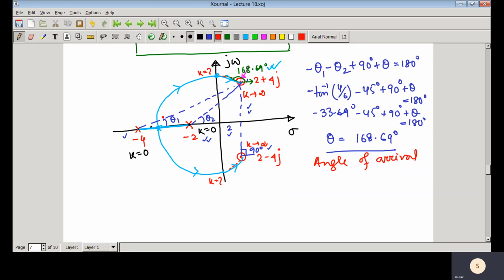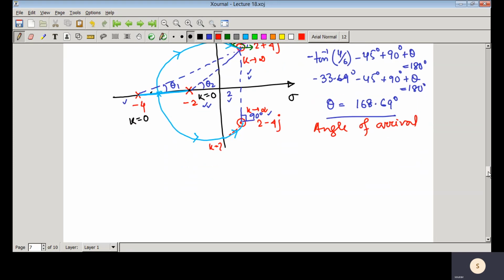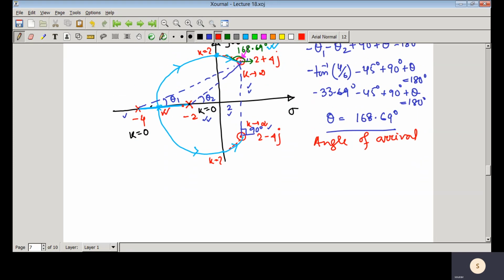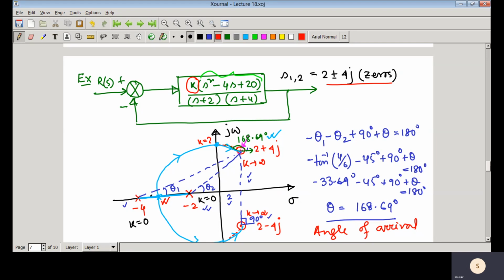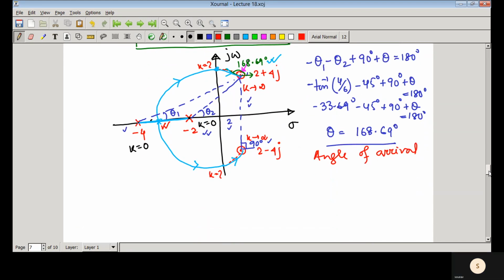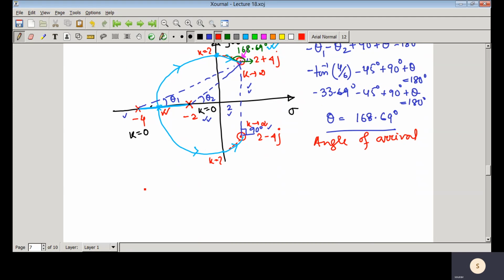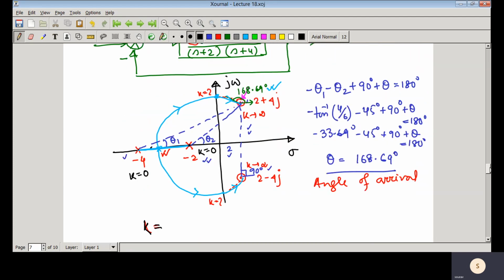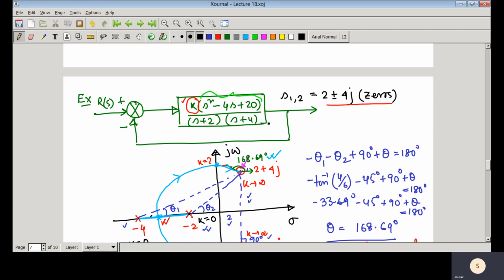And here for finding this particular breakaway point, what we need to do is write k in terms of s. From the characteristic equation we can write that k equal to minus of 1 by G(s)H(s).